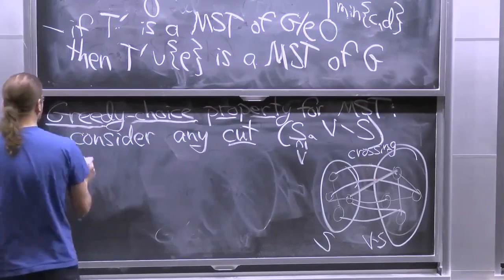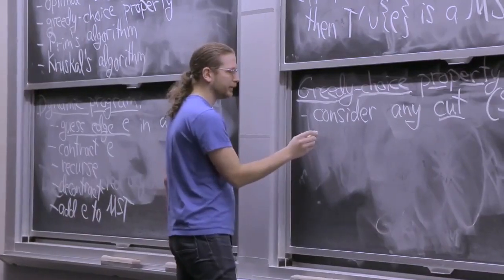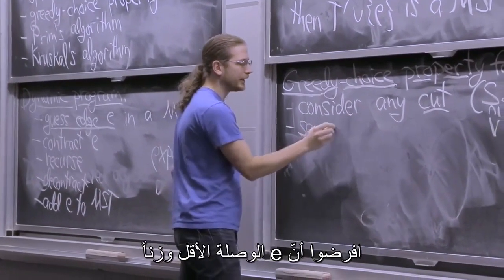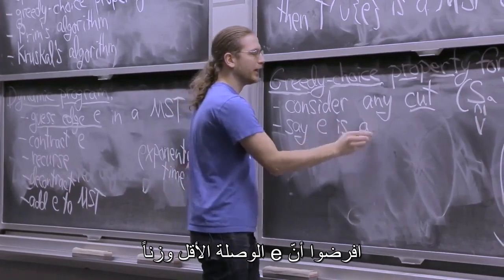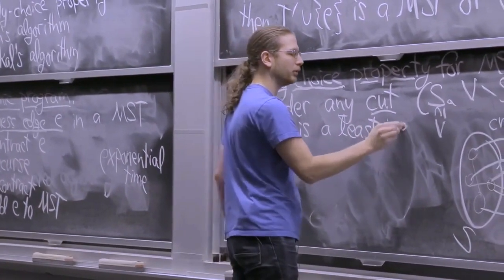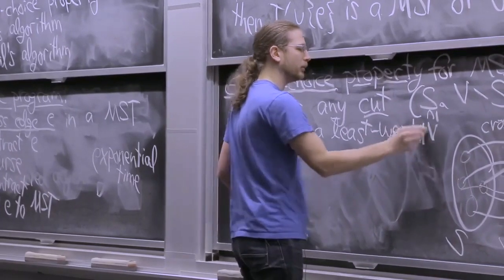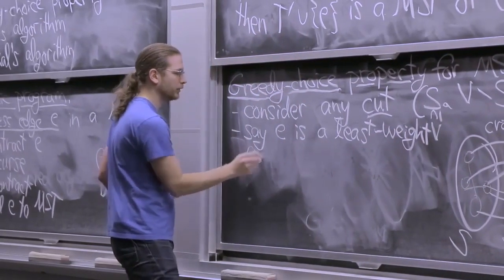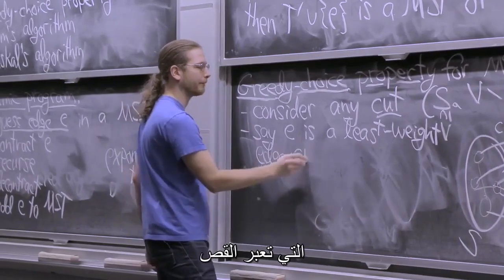Okay, so let's suppose that E is a least weight edge crossing the cut.